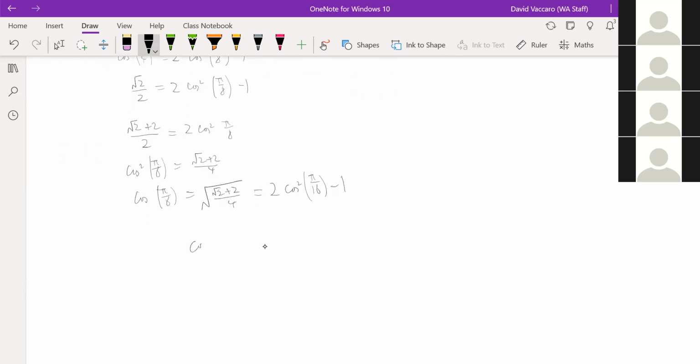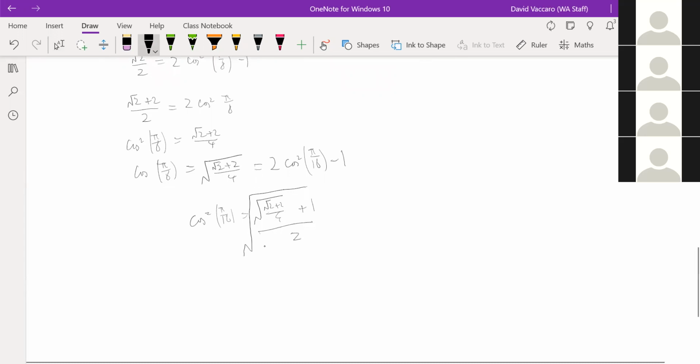So we can say that cos squared pi over 16 is this square root plus 1 all over 2 and then square rooted. Sorry, so you get this nested square rooting. So the double angle formula would have led to this nested square rooting quicker.